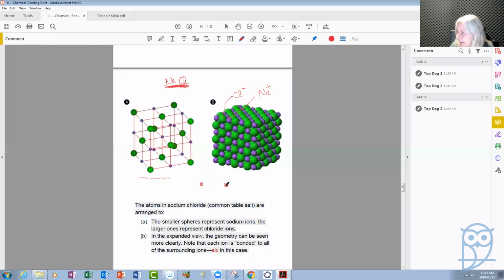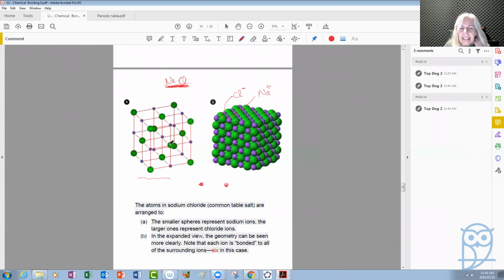not have to touch one another to interact, to attract one another. Which means that every sodium ion in the crystal attracts and is attracted to all the chlorine ions in the crystal, and it's also repelled by all the other sodium ions in the crystal.